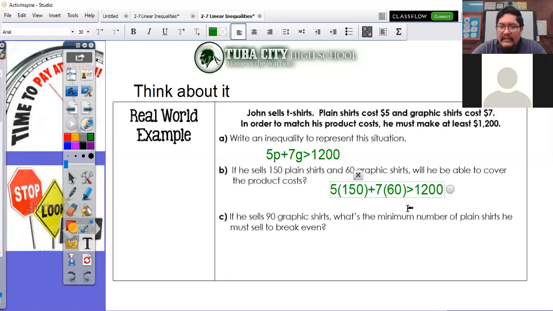And we want this to be greater than 1,200. So let's see, what is 5 times 150? That's like 5 times 15, which is 75. Put the 0 back. Same thing here, we're going to ignore the 0. 7 times 6 is 42. Bring the 0 back.